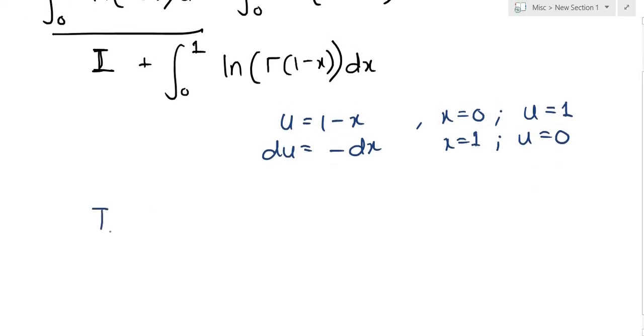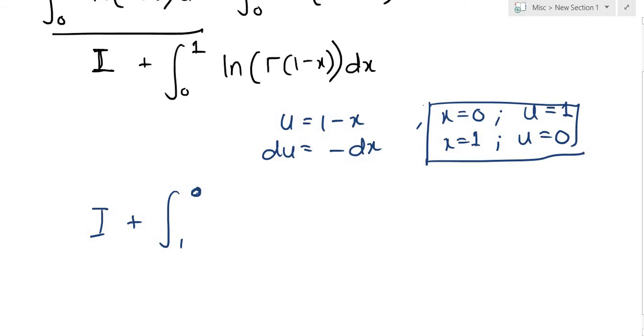So essentially we have I plus the integral, this time from 1 to 0, of the natural log of gamma of u, and dx is basically negative du.